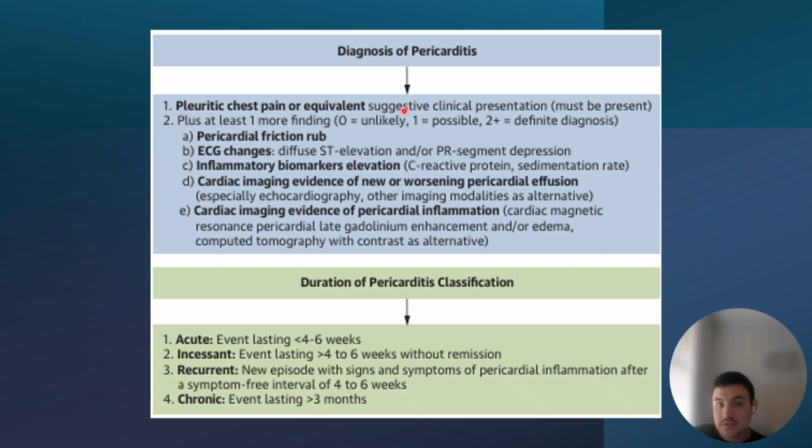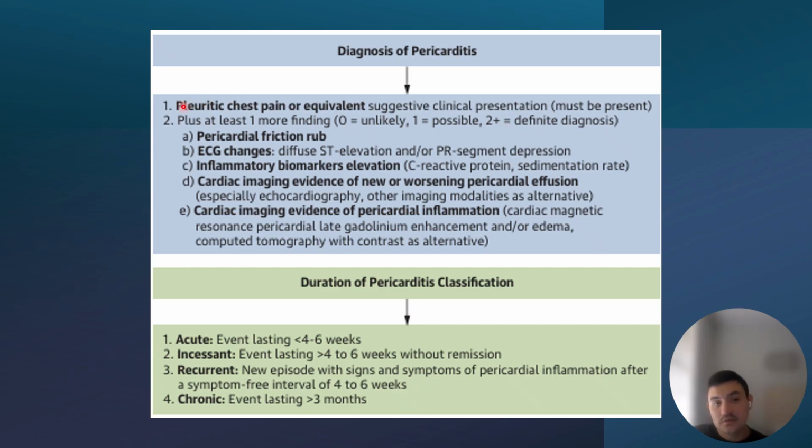You start with typical chest pain, and if you have one of those signs, you may have pericarditis: pericardial friction rub, EKG changes, inflammatory markers, imaging of new or worsening pericardial effusion, or cardiac evidence of inflammation, such as late gadolinium enhancement. If you don't have any of those, it's unlikely that you have pericarditis. If you have one, for example only elevated markers, it's possible. If you have two, it is a definite diagnosis of pericarditis.